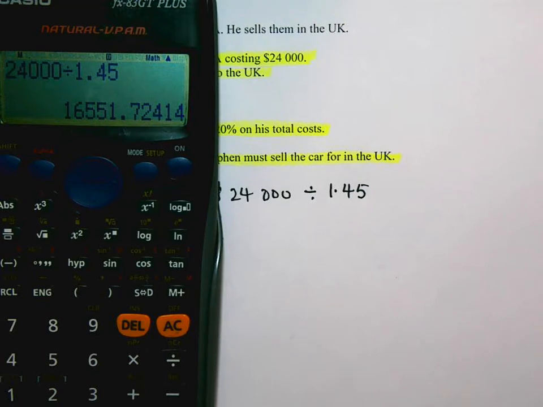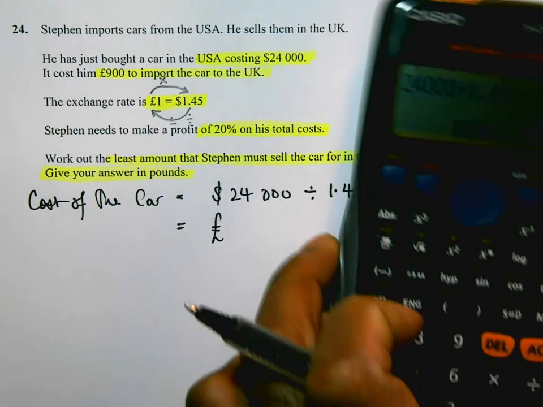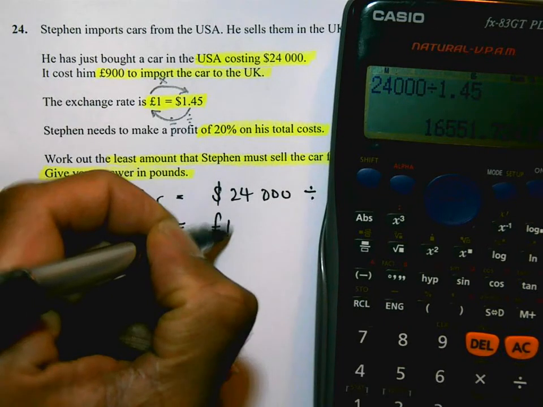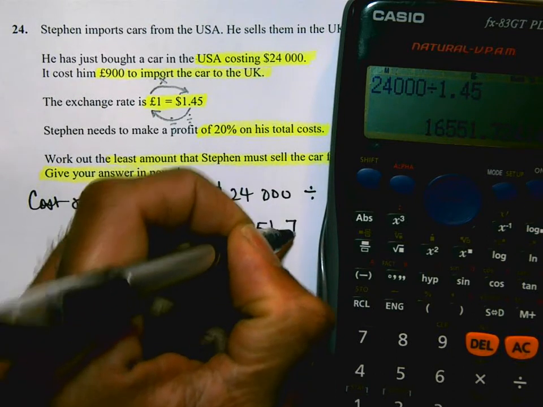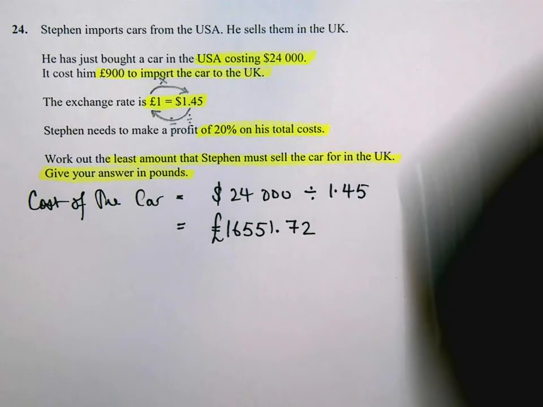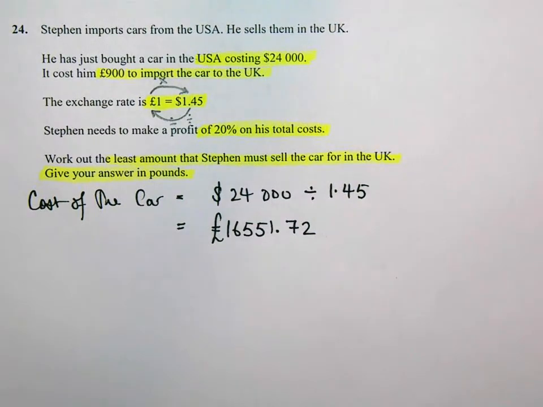Now, I'm working in money, so I'm going to leave it to 2 decimal places. So that is £16,551.72. Okay, so that's the price of the car in pounds.